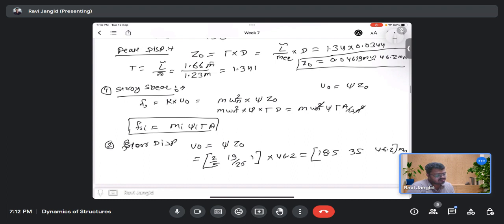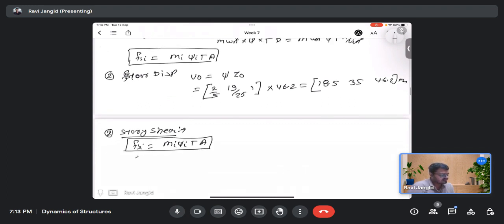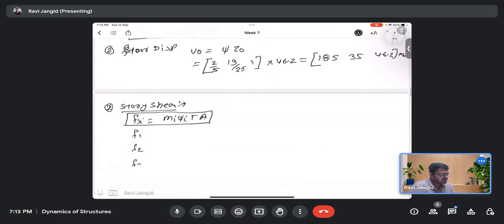So now you can find out the storey shear, so that we have discussed earlier. So Fi you can find out as M_i psi_i, this one factor gamma into A. So find out F1, F2, F3.